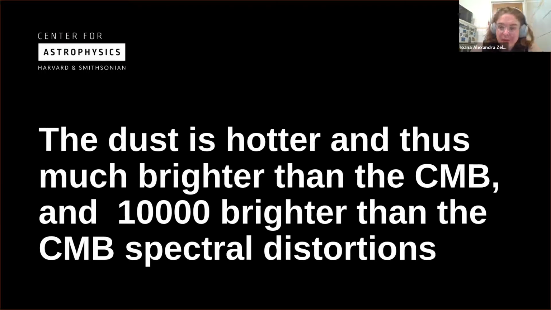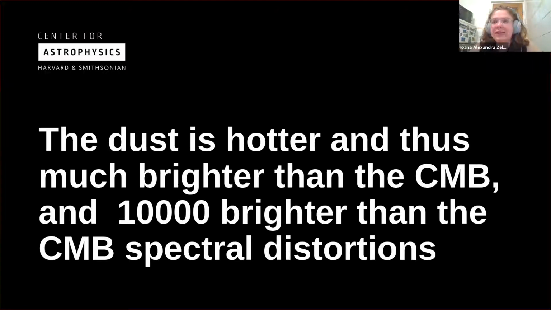Let's keep in mind that the spectral distortions probe processes that perturb the cosmic microwave background, and these processes can be dark matter annihilation, primordial black holes, and also just the interaction with the reionized medium as the universe evolves, all of which are very important physically and can provide a new window into how we're able to study the universe and how we're able to infer.